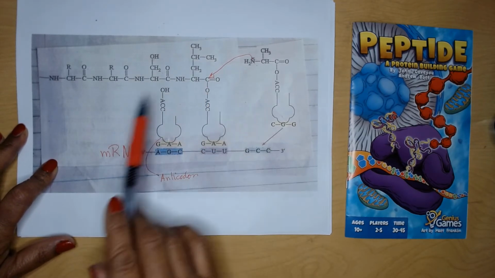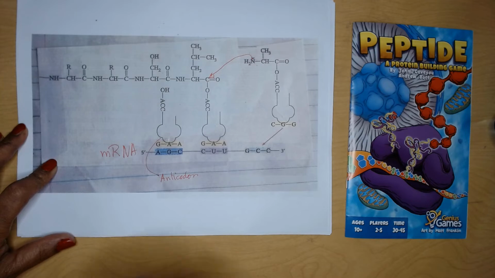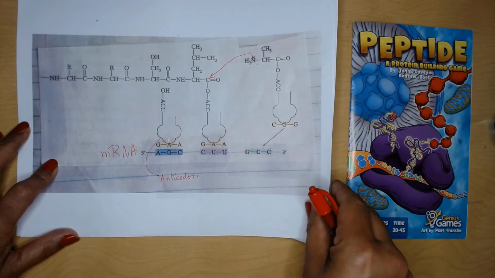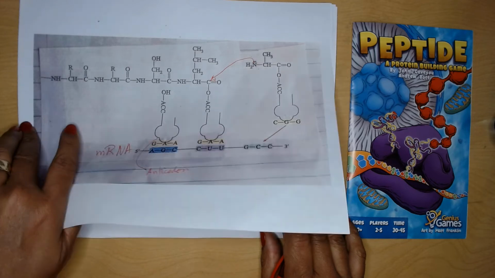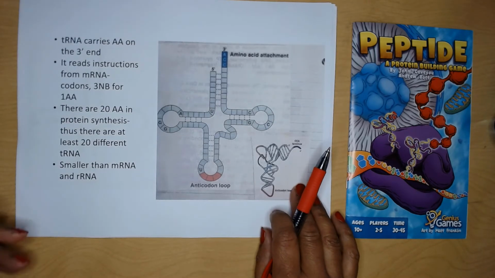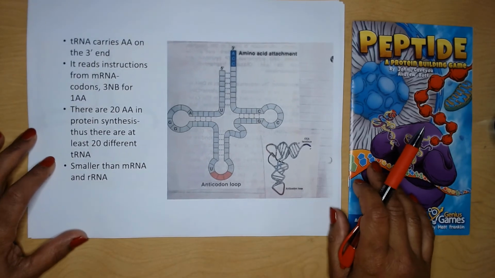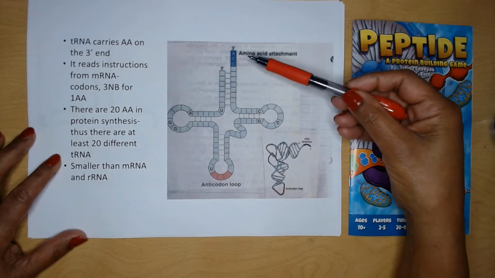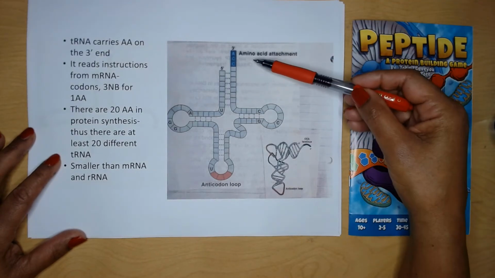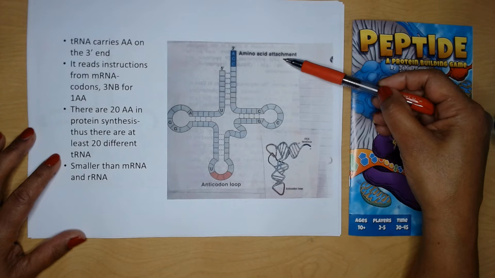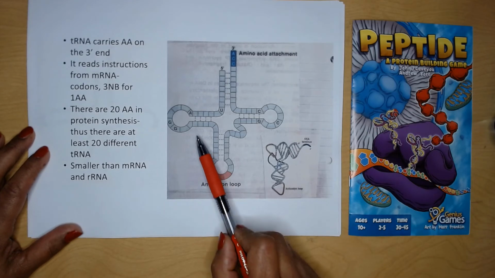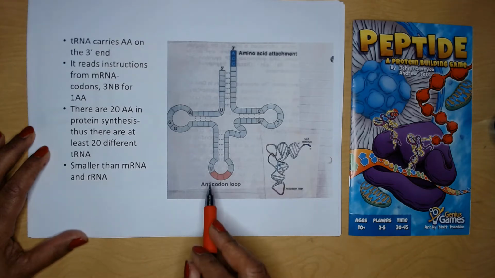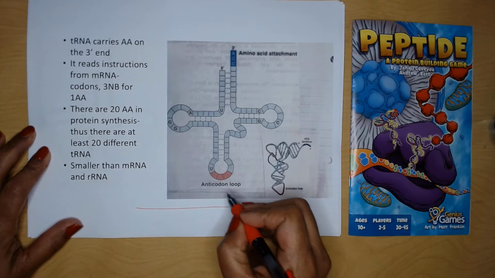But this is not just those 2 components. We need more components in order to make the polypeptide bond. So let's go back and look at the parts of a transfer RNA. The transfer RNA has the 3' end, that is the site of attachment for the amino acid, and it has the anticodon loop, a stem that is going to combine on this section with the messenger RNA.